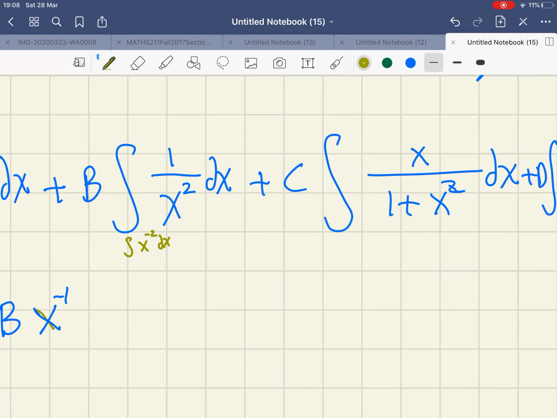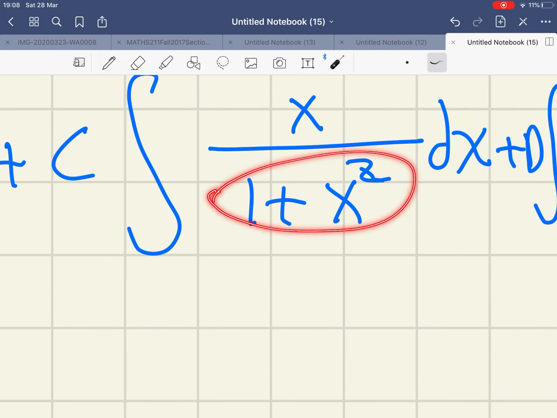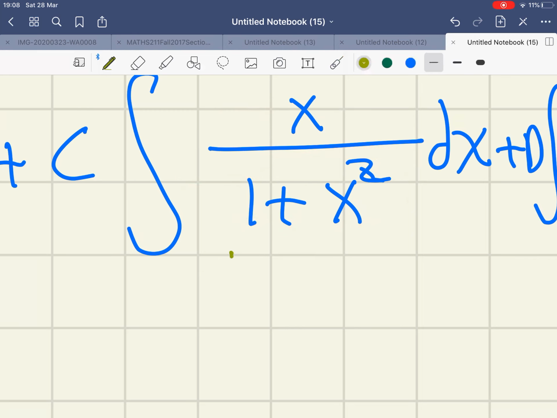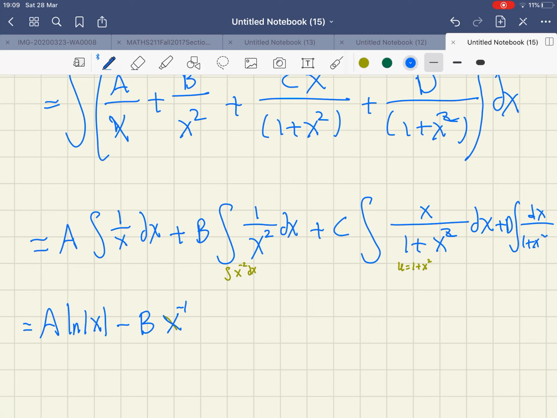Now this one, again, I think you remember it. This is kind of a function, and the derivative is here. So I will use the u substitution, u equal 1 plus x squared. And this is a kind of a function and its derivative. So the final answer will be just c over 2 ln 1 plus x squared.